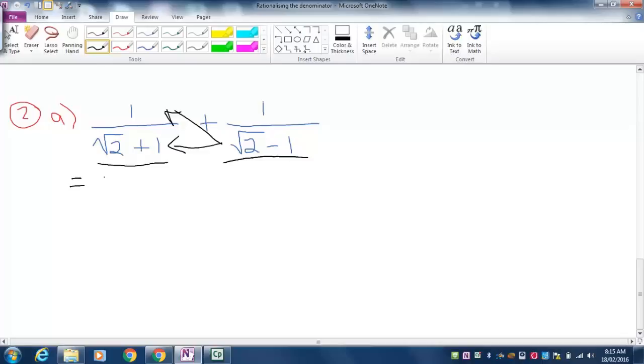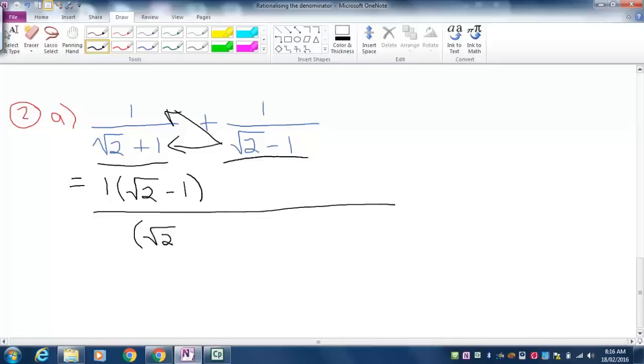So I get on the top line 1 outside of root 2 minus 1. And then that means that on the bottom I have root 2 plus 1 times root 2 minus 1.